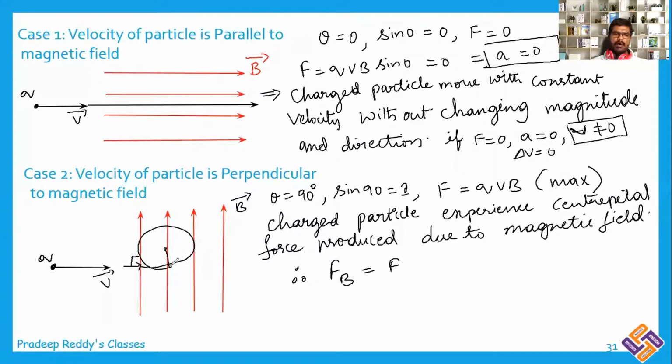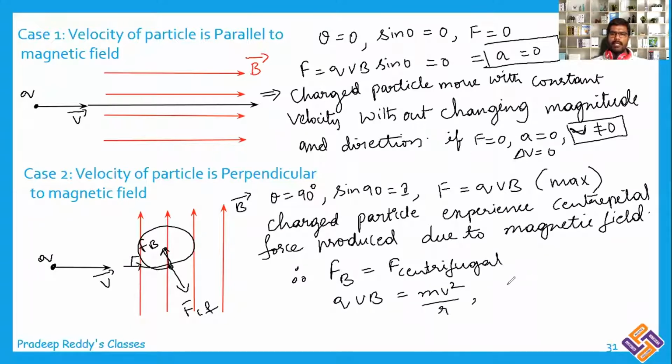As a result, outward there is centrifugal force and inward there is magnetic force. So the magnetic force is balanced with the centrifugal outward force. Both magnitudes are the same. In such cases, you can write QVB is equal to mv squared divided by r.